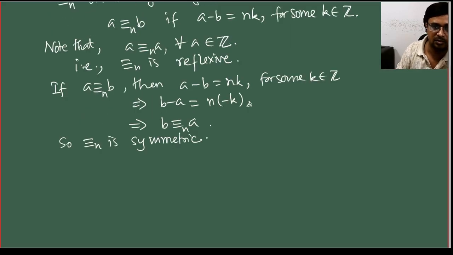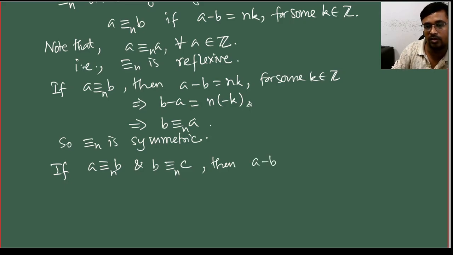Now note that if a is congruent to b mod n and b is congruent to c mod n, then a minus b equal to nk and b minus c equal to nl for some integers k, l.